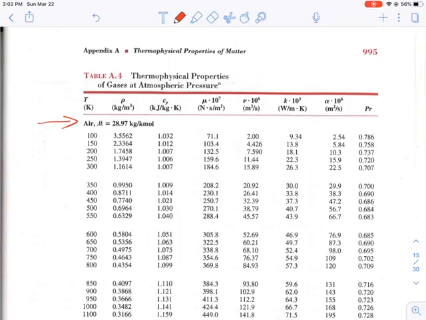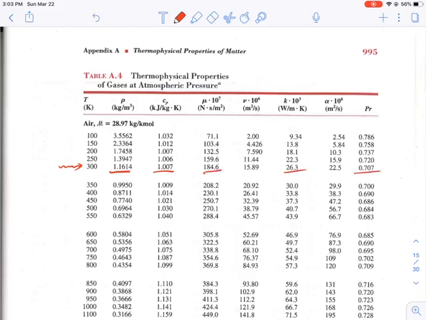So for the air, we have 295K, so we can roughly use 300K. I just copy from here the density, the heat capacity, the viscosity, the conduction coefficient, and the Prandtl number.